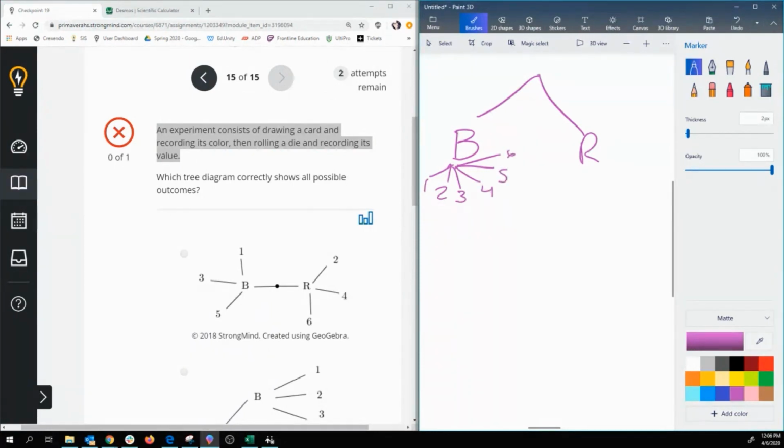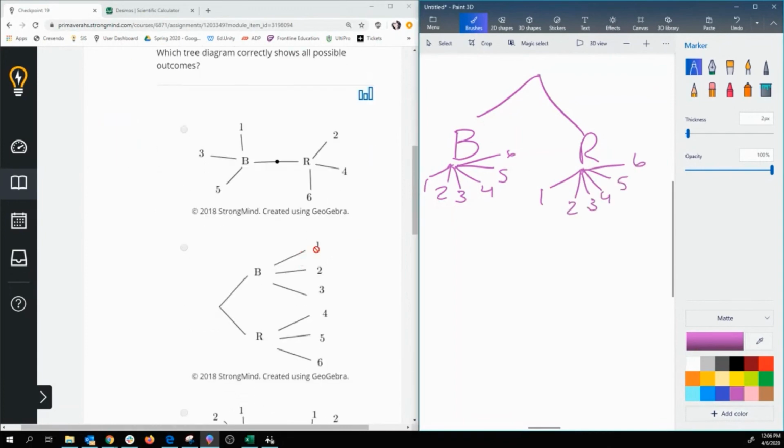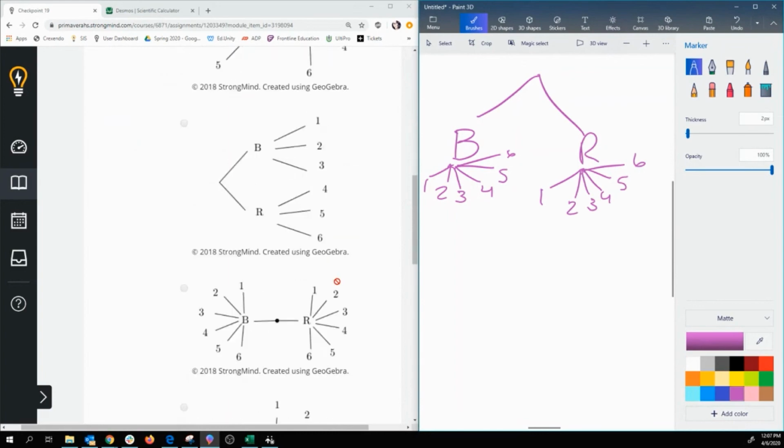Right? Even if I were to pick a red card, I could still roll a 1, 2, 3, 4, 5, or 6. So when I look through the tree diagrams, I'm looking for an option that has a red and a black card and also has a 1 through 6 attached to each color.